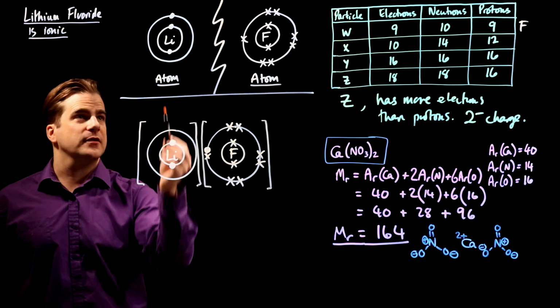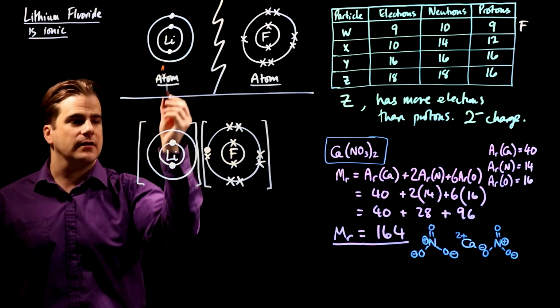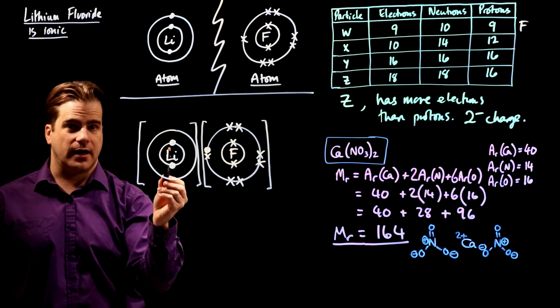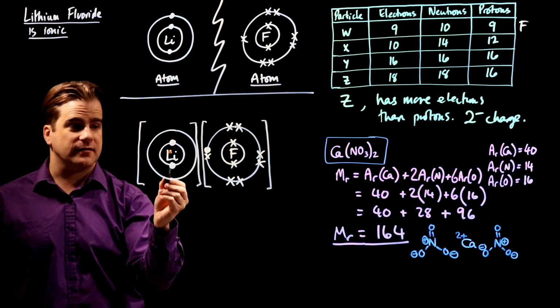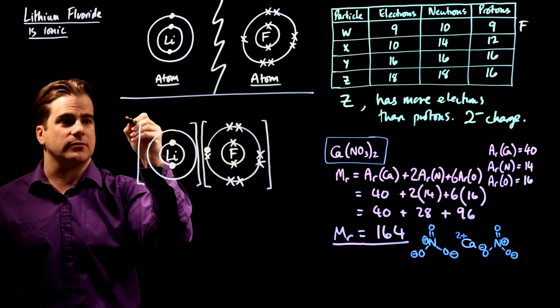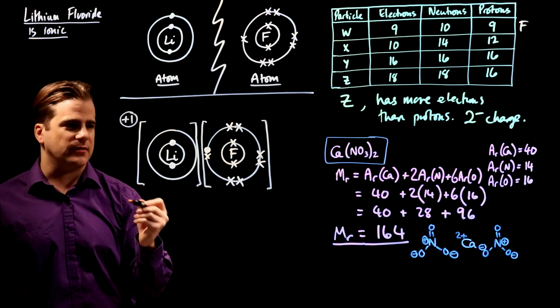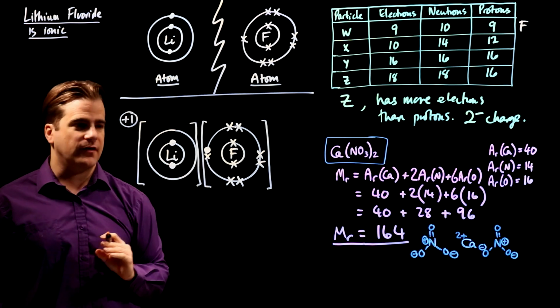Now, lithium has gone from being uncharged, 3 protons, 3 electrons, to 3 protons, 2 electrons. So that's +3, -2. Overall, it's got a +1 charge. You can just write plus if you want, but I write +1, either is fine.